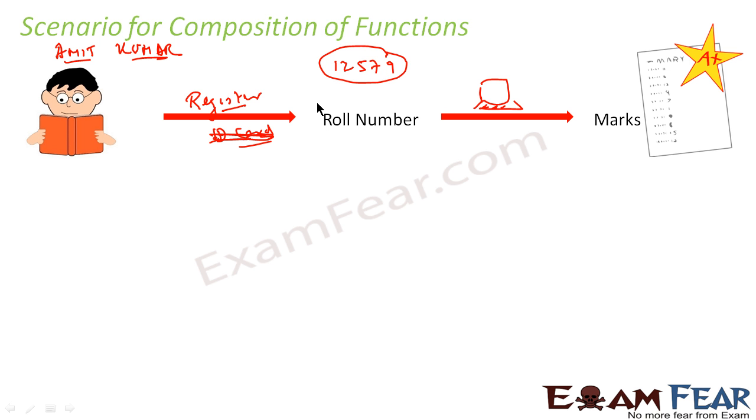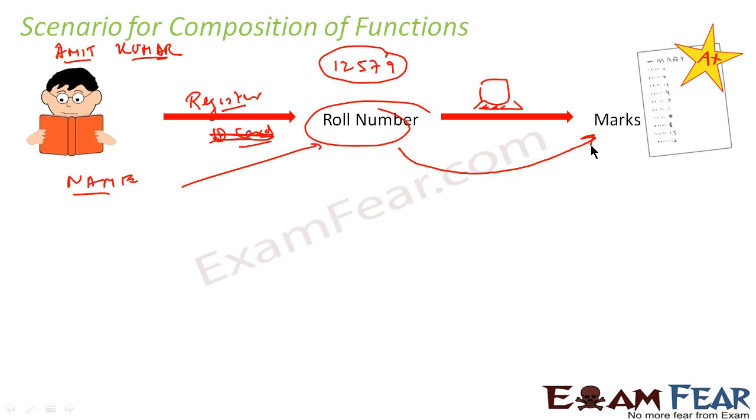So what you have seen is, you have given name as the input to the first function, called register or school system, that gave you roll number as the output, right? And then again you gave this roll number as the input to another system, the central database, and that gave marks as the output. So if you see, it's a composition of function.